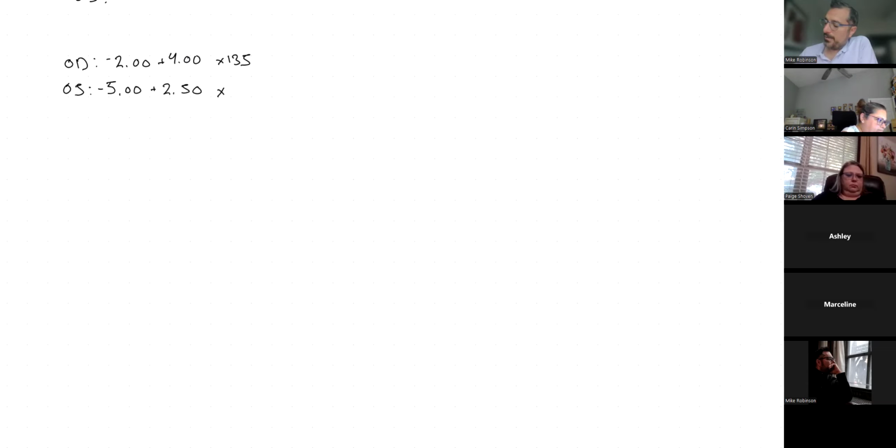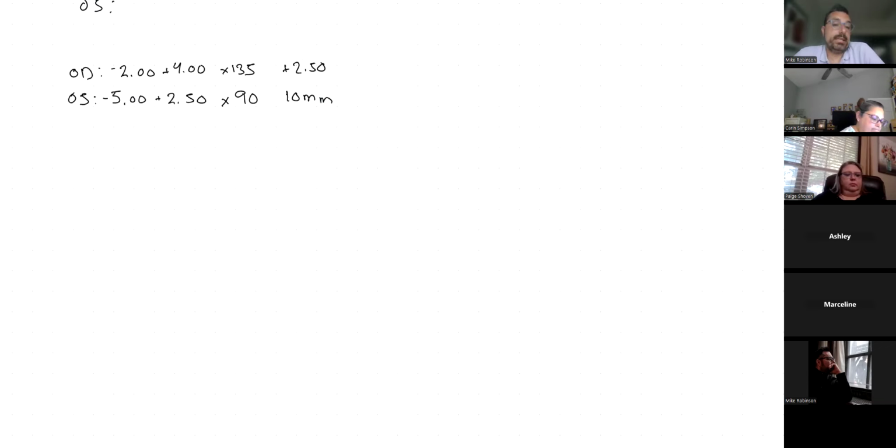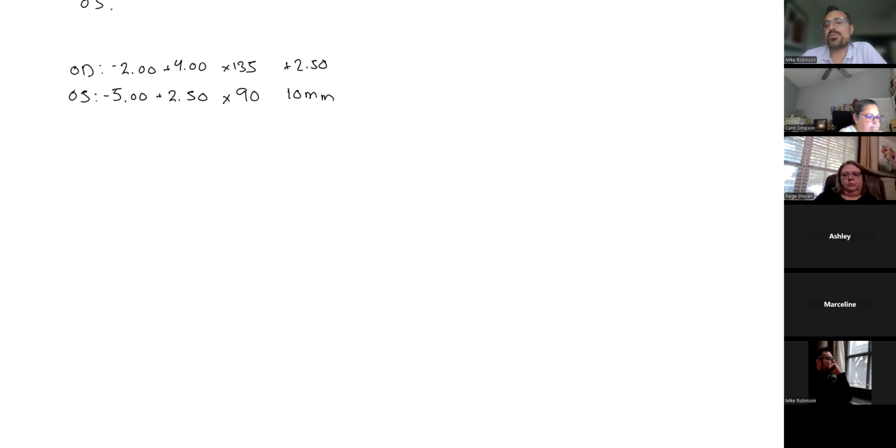So we're doing a reading add of 250, and given that they're going to be looking 10 millimeters down into the lens to read, and now my pen doesn't work, calculate the total amount of slab off required. And fun fact, a synonym for slab off is also called bicentric grinding. And you may see it in a question talking about bicentric grinding, tell us the amount. At least I had something weird like that.